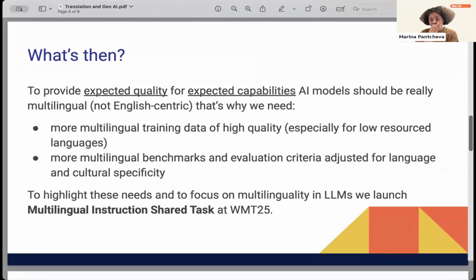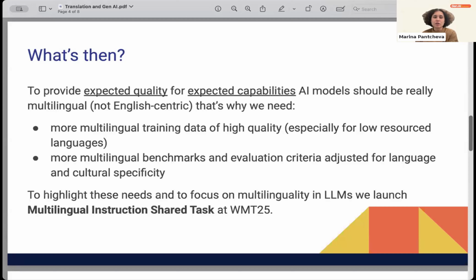To provide expected quality for expected capabilities, AI models should be really multilingual, not English-centric, as we were used to in the first years of GPT, for example. For now, more and more models are multilingual. And that's why we need more multilingual training data of high quality, especially for low-resourced languages, as usual, and more multilingual benchmarks and evaluation criteria adjusted for language and cultural specificity. Because expectations grow, so should benchmarks, and so should evaluation methods.